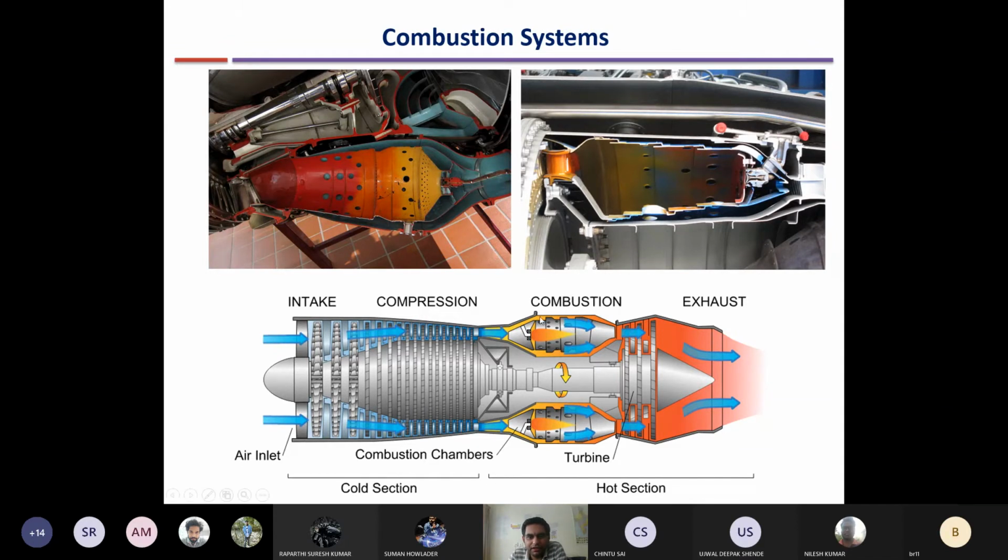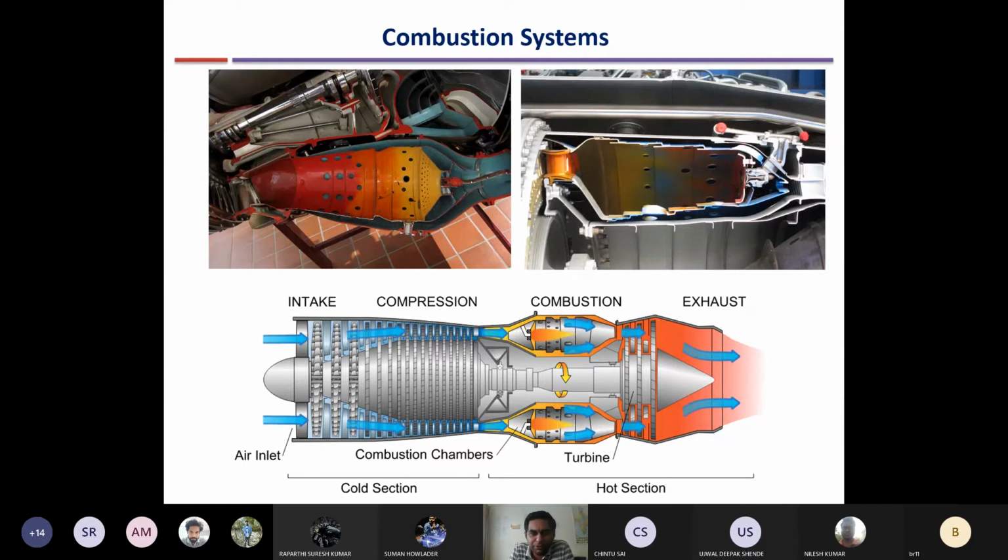But if you add the heat, you will see that the expansion line goes towards the right hand side, meaning the expansion of the turbine goes towards the right. So for the same pressure ratio, we get a larger temperature and enthalpy difference. As a result, the turbine work output for the same pressure ratio is more than the compressor work input, and we get net work output.